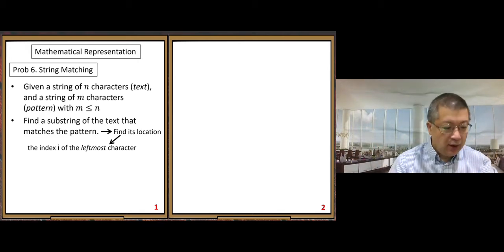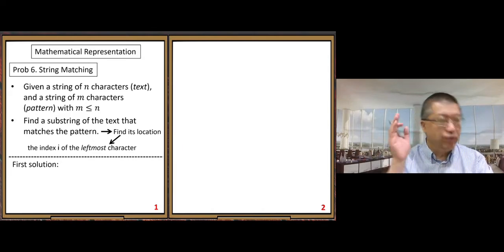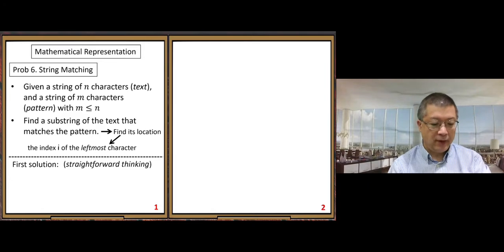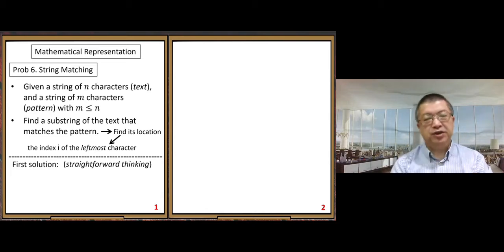All right. Now let's solve it. The first solution, the straightforward solution, the brute force method. After we have the first solution, usually we should look at a second solution. But for this class, we will not do that second solution. The second solution is given in the textbook.